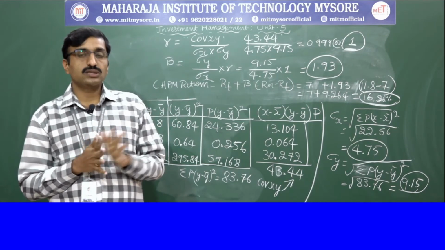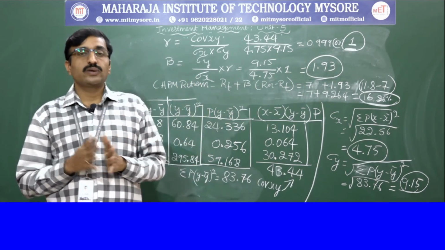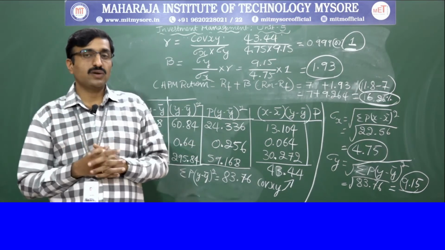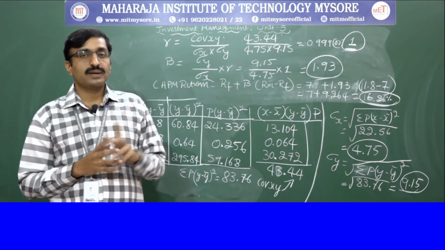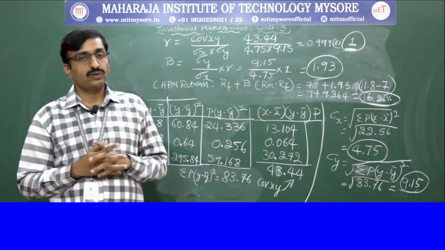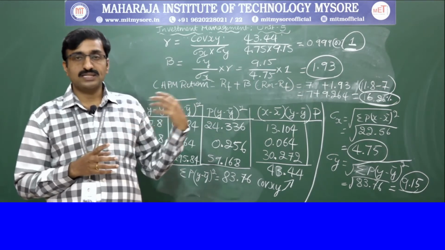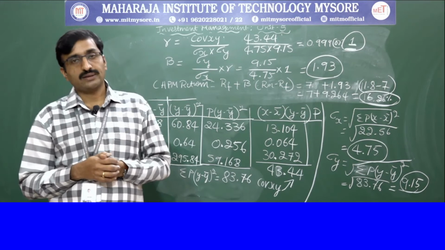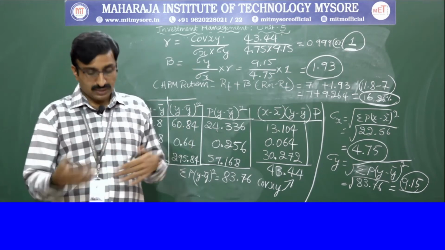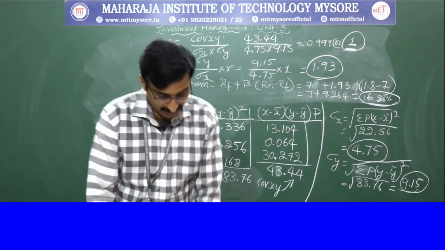If you go by the conclusion in this solution, it could be better to invest the money because the expected return is 12.2, but the actual return is 16.26. So the investor can opt for this security for investment. This is how we have to conclude. Then this problem's solution you have to take.